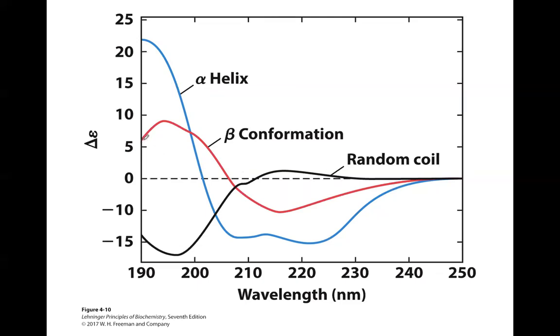Here it goes slightly up around 200 nanometers, goes down, crosses zero, doesn't spend much time in the negative, and goes back to zero. So basically the shape of these curves will allow you to predict the secondary structure if that secondary structure is the predominant structure in the entire protein.